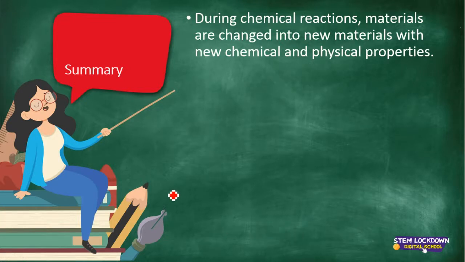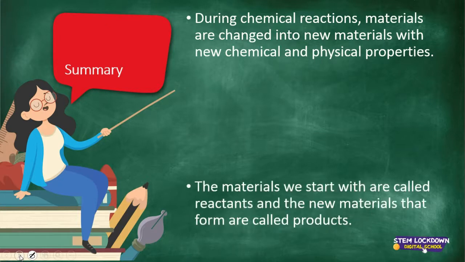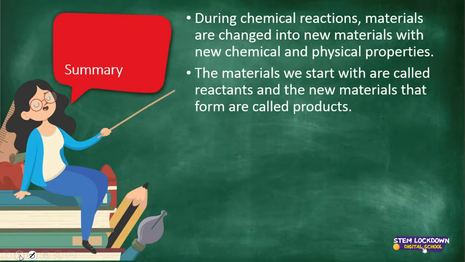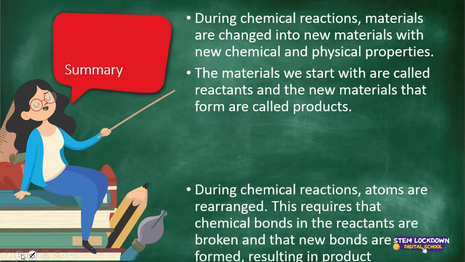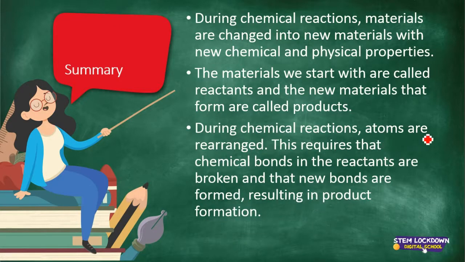During chemical reactions, materials change into new materials with new chemical and physical properties. The materials we start with are called reactants, and the new materials that are formed are called products. During chemical reactions, atoms are rearranged.